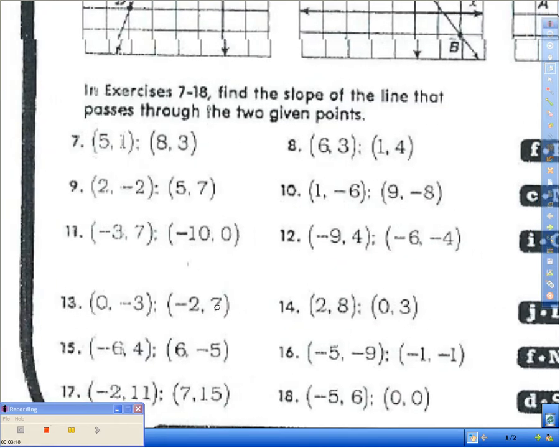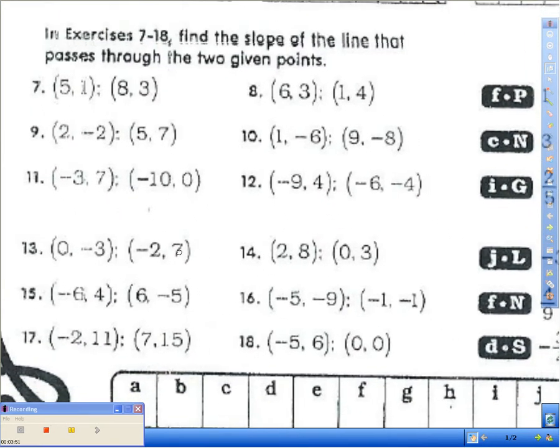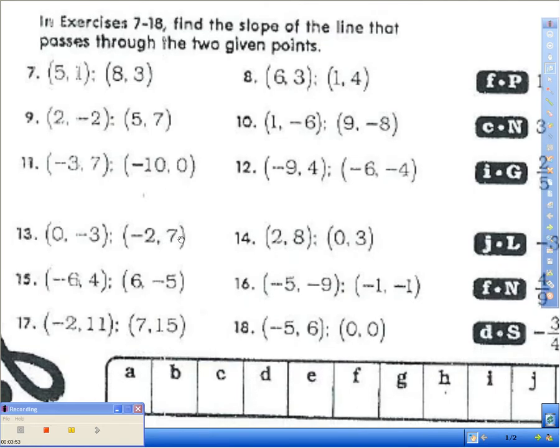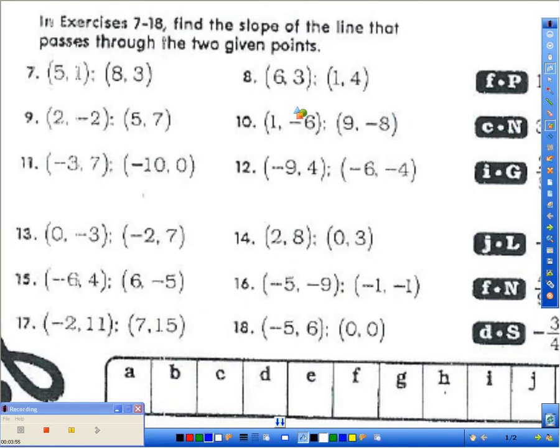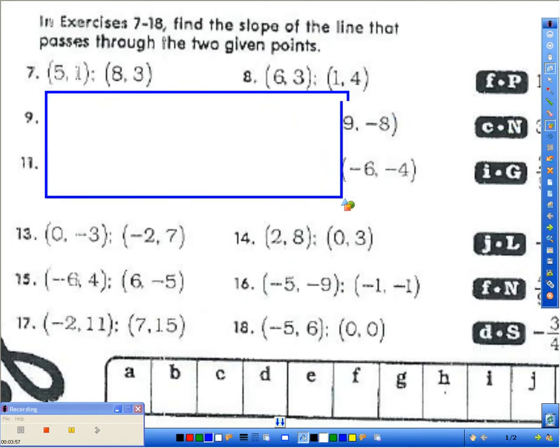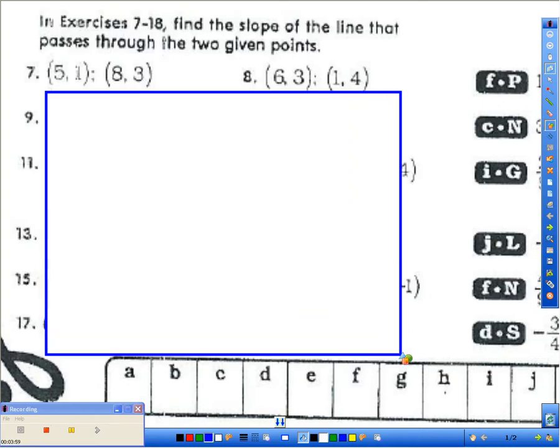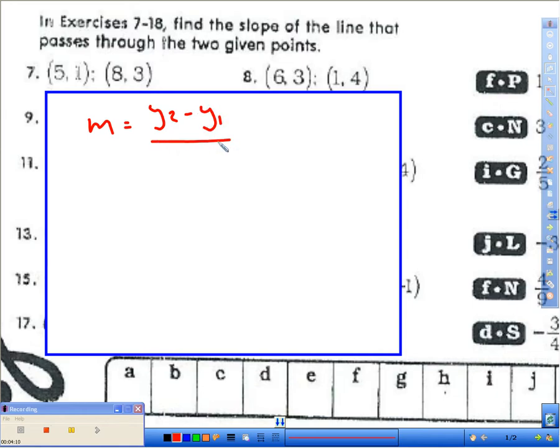The next section down, it said in exercises 7 through 18, find the slope of the line that passes through the given 2 points. So if we are looking for the slope of a line that passes through 2 given points, we said in class that we can use the slope formula for that. The slope formula was m equals y sub 2 minus y sub 1 over x sub 2 minus x sub 1.